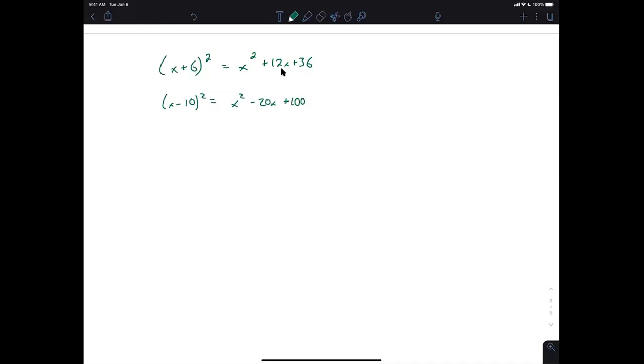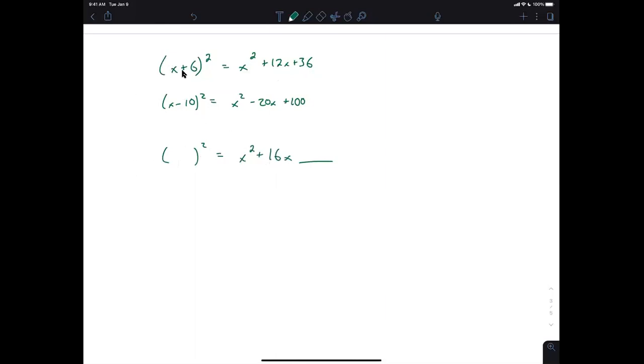Everybody clear? Okay, so what I want to know is, if we had a problem like that, and it starts as this, something squared is x squared plus 16x, and then there's a third term, but I'm not telling you what it is. Which problem like this did this come from?